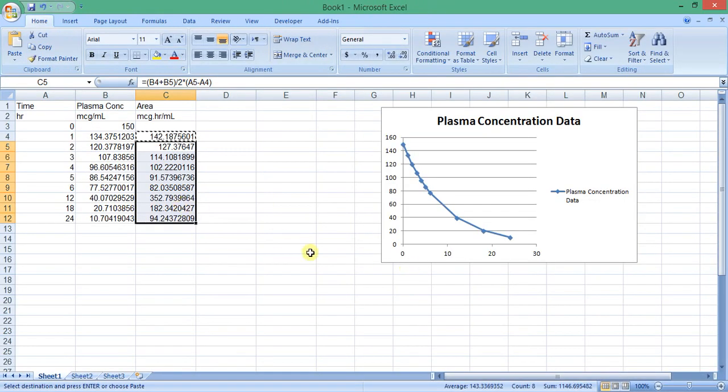So we need the elimination rate constant. You may be given the elimination rate constant, or you can calculate it from the plasma concentration versus time data.